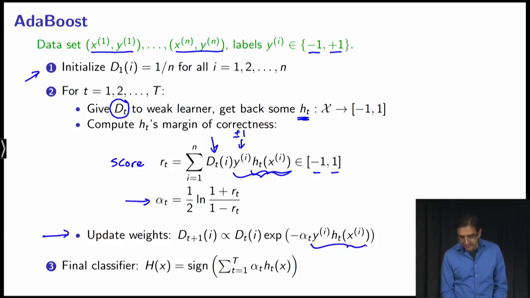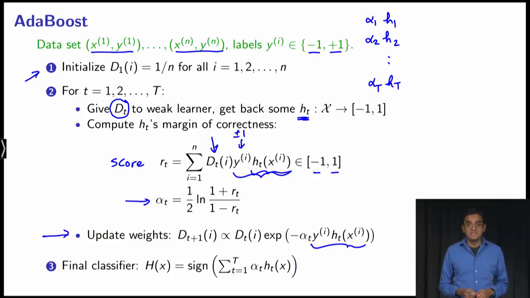If there's a data point on which the weak classifier h sub t is correct, we reduce its weight. And if there's a point on which h sub t is wrong, we increase its weight so as to focus more on that point. In this way, we do rounds of boosting, and we get all these different classifiers, h1, h2, all the way to h sub t, along with weights for them, alpha 1, alpha 2, through alpha t.